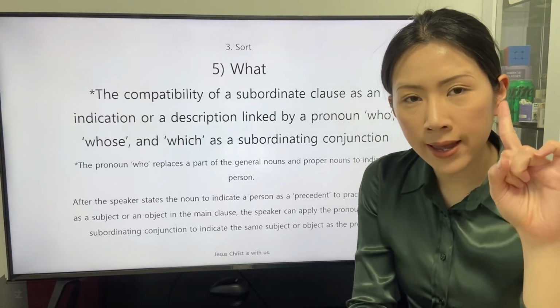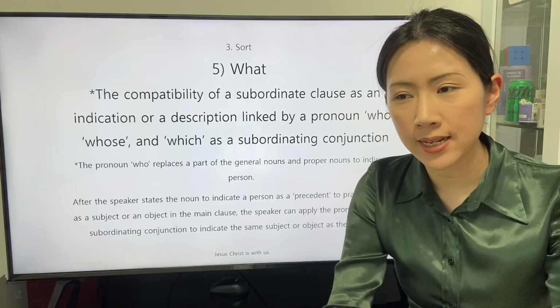Then we can understand that the subordinate clause has the trait as a description.